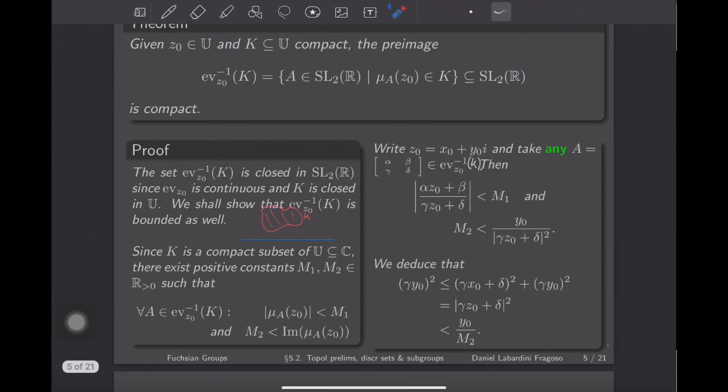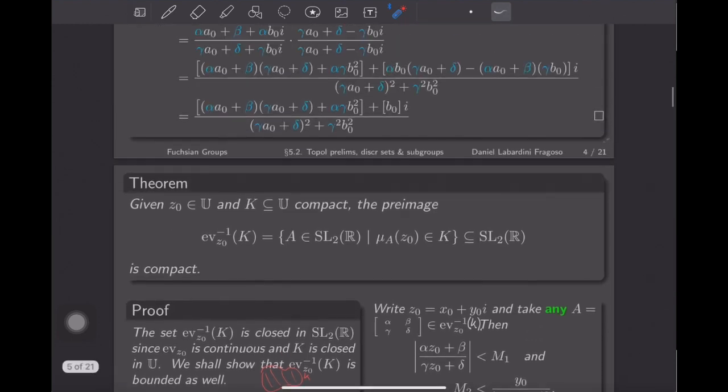And so this, of course, translates into this inequality. And we had already computed this imaginary part.